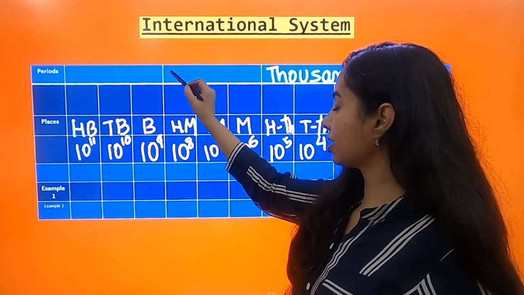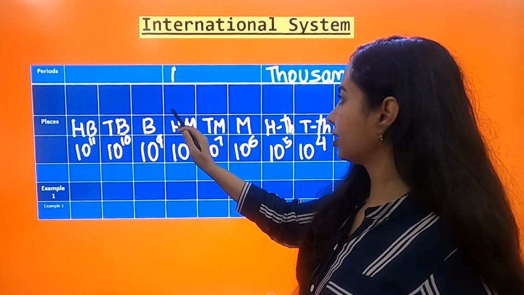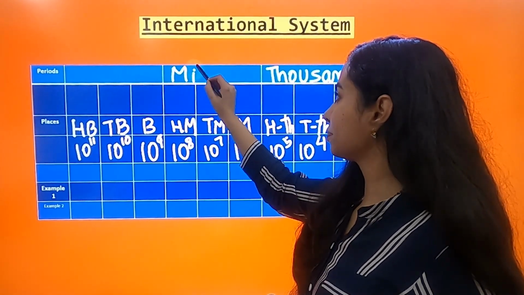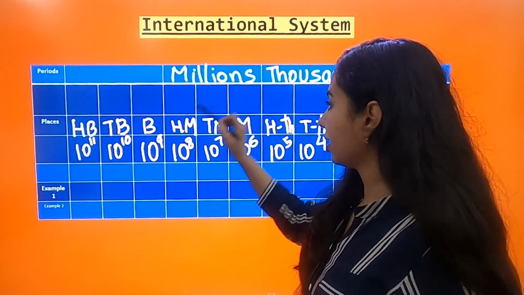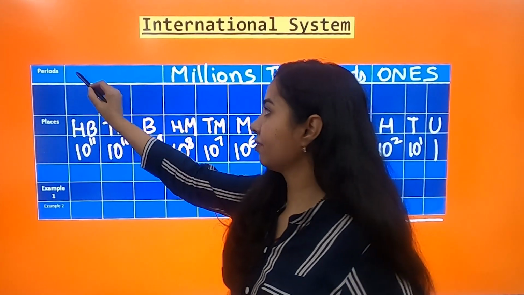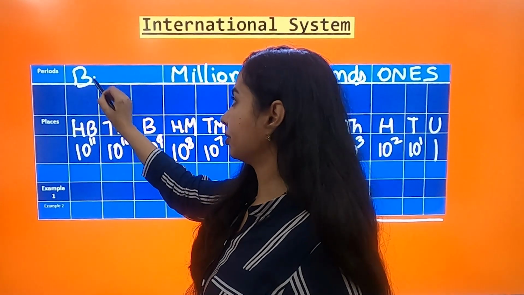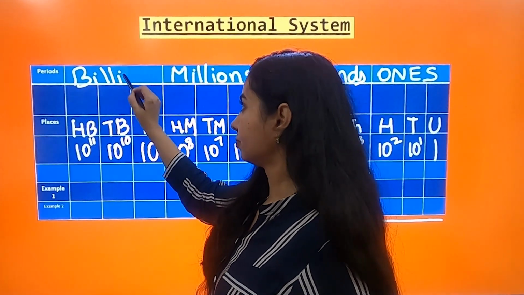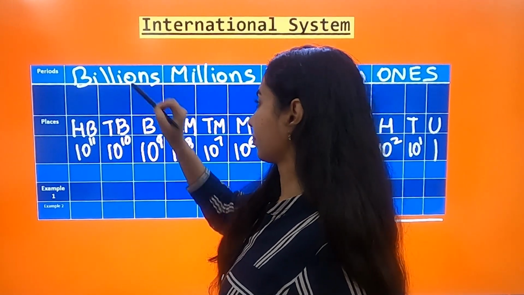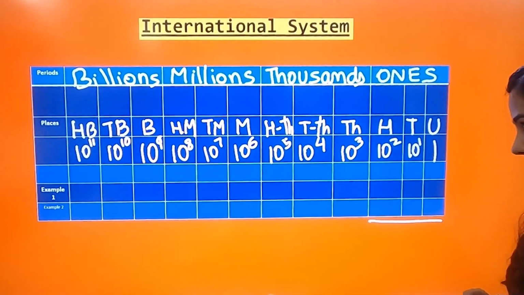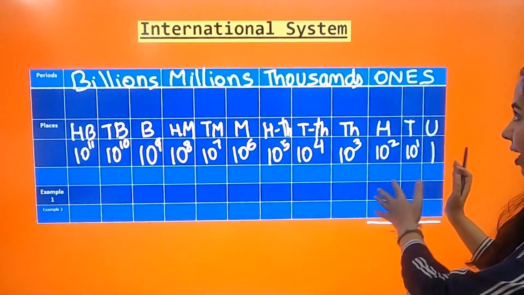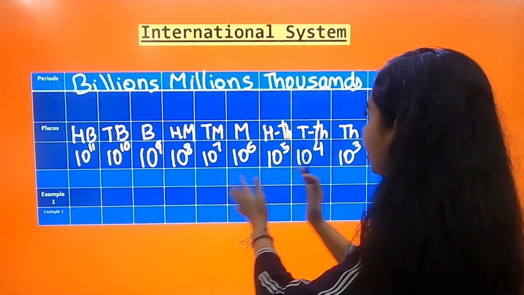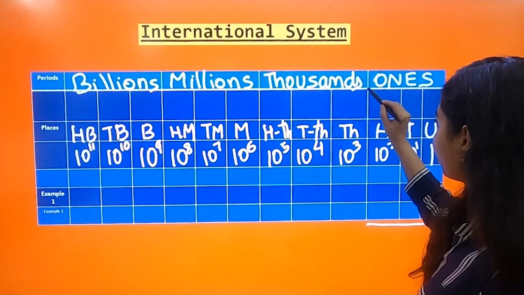Million, 10 million, 100 million come under the millions period. And billion, 10 billion, 100 billion will come under the billions period. Right? I hope you understood: ones, thousands, millions and billions, and that is how we put commas.